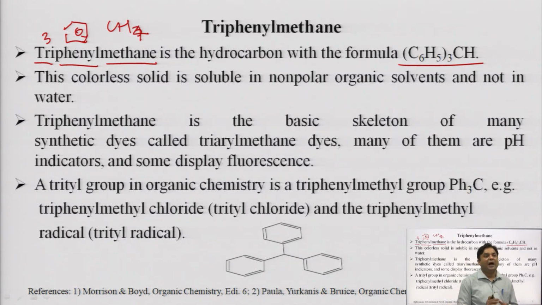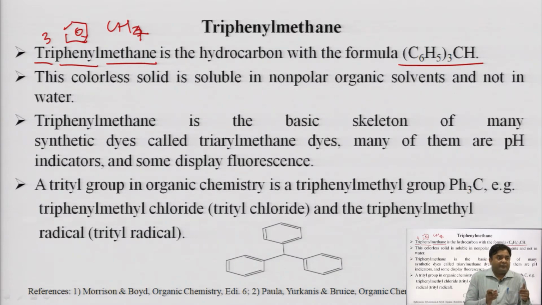Many of them are pH indicators and some display fluorescence. For example, crystal violet and magenta. All these dyes have a triphenylmethane moiety in their structure. Some are used as pH indicators, and some can be used to provide fluorescence for a particular purpose.